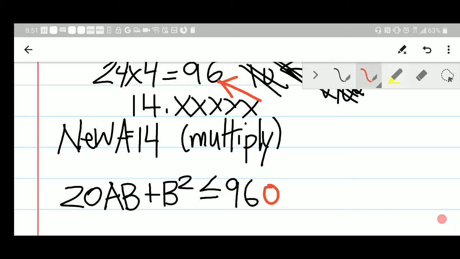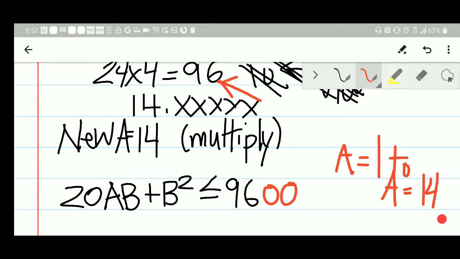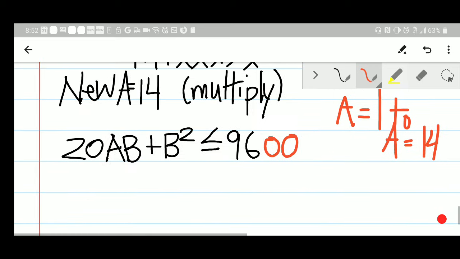And then, like I said, we had to multiply by 100 because our answer, our new A, A went from 1 to 14. So that's went up by a factor of 10. But if you put it under the radical, it's 100. You get it? Okay, keep going.